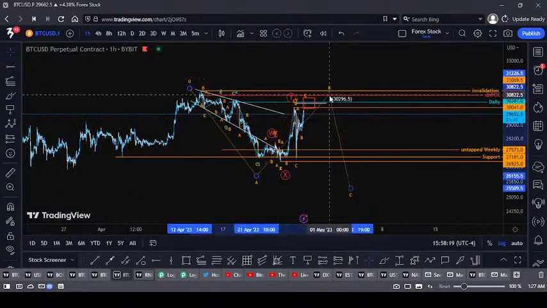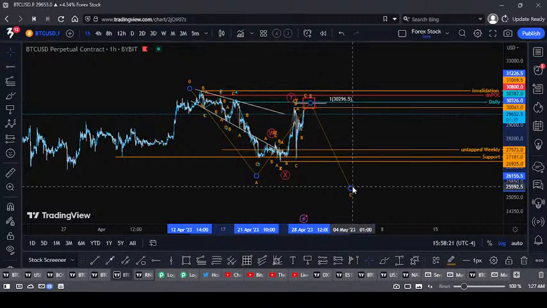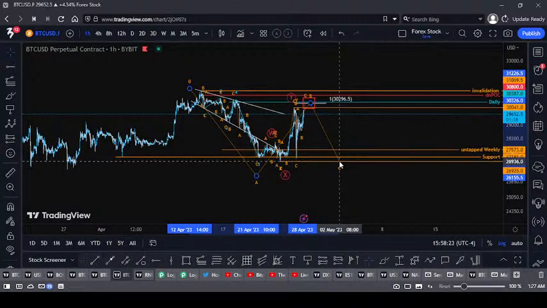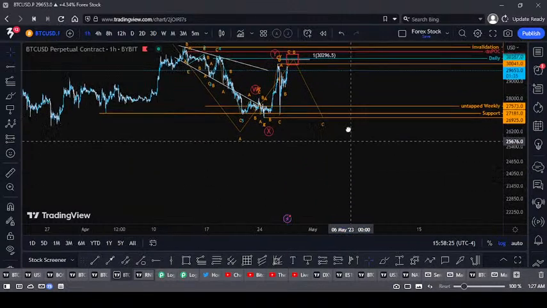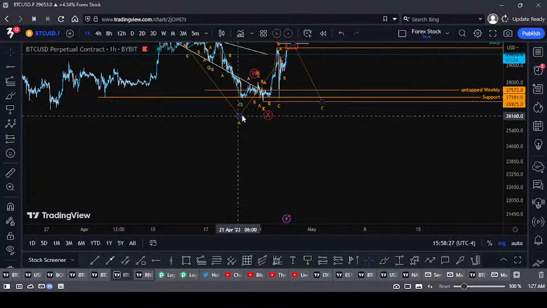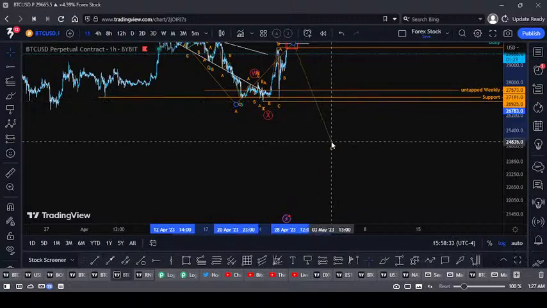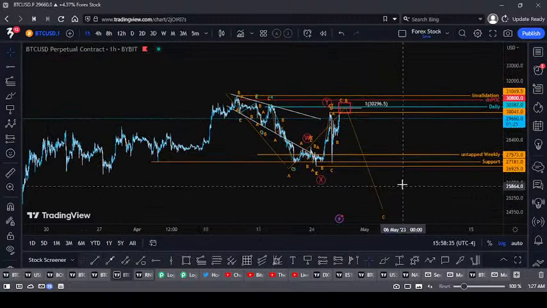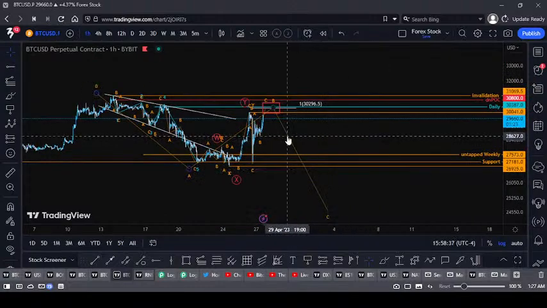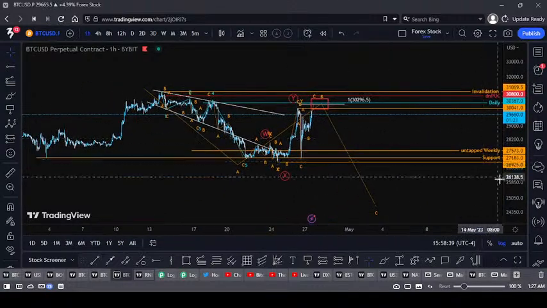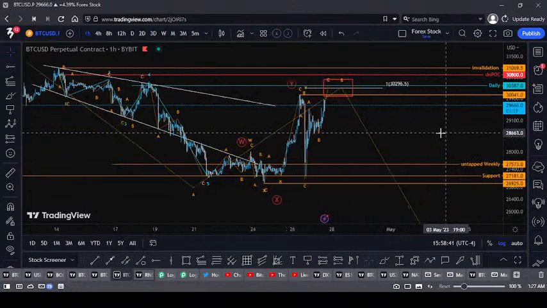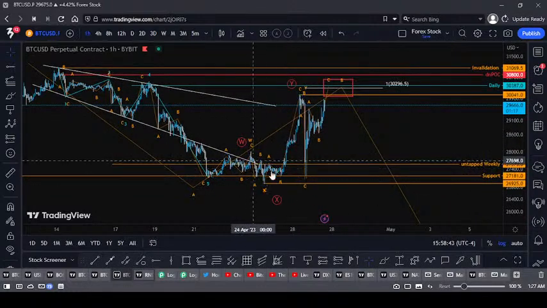If this is regular or running, then the running target is at 26, the sell side liquidity. And if this is regular, then we can say something like 25-24 can possibly happen.